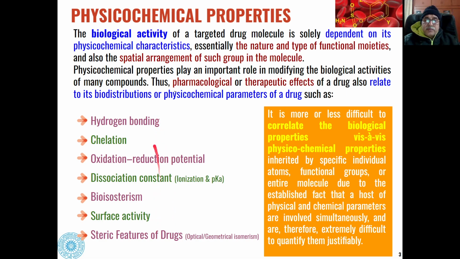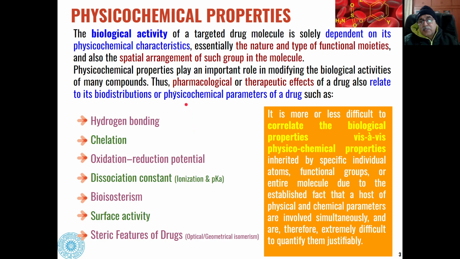Now, there are so many physicochemical parameters, and it is difficult to correlate which biological property is related to which physicochemical process. Therefore, in different drug molecules, we need to identify the different atoms, functional groups, or even the entire molecule which will determine the physical and chemical parameters involved in the drug molecule.